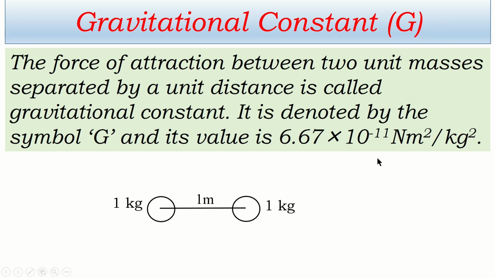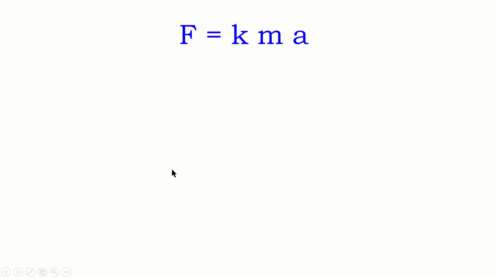Look at this value. This value of the gravitational constant is very important. We have to use this value to solve numerical problems of gravitational force. That's why you have to remember this with its unit. This is a constant, but I think you remember when we derived F equal to ma, at that time one of the constants was there, that was k, but k was removed.